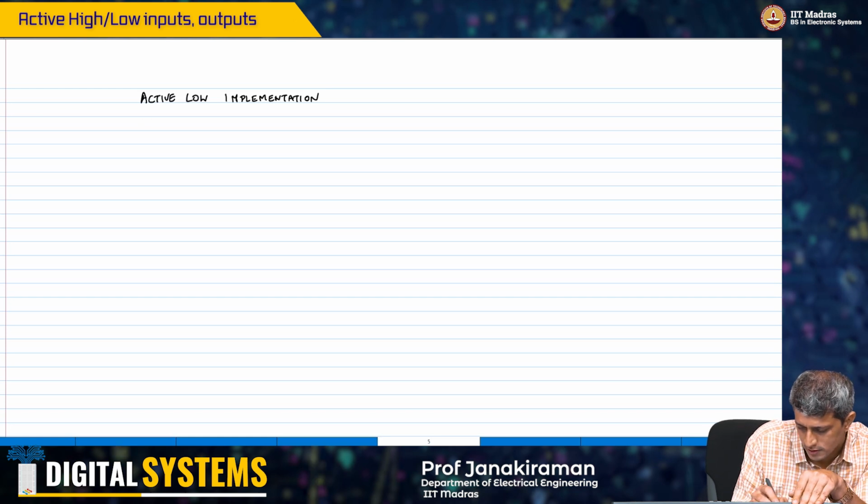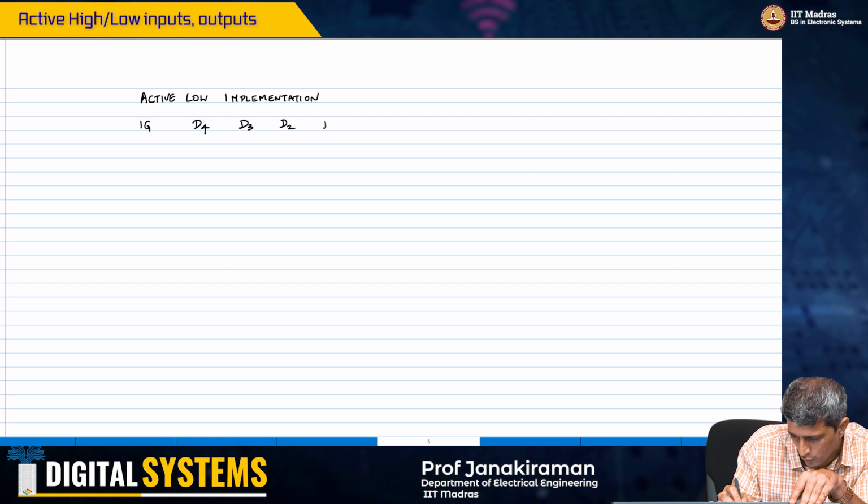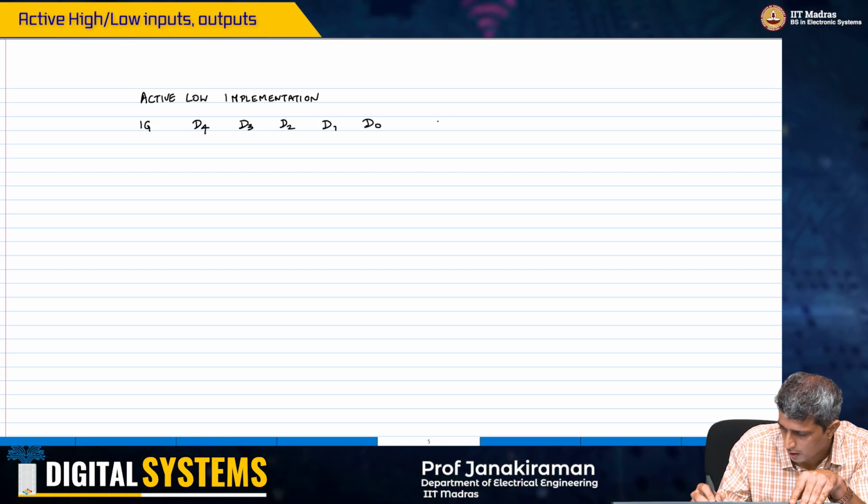So what is this? Again we have ignition, D4, D3, D2, D1, D0, and we have the DR indicator.